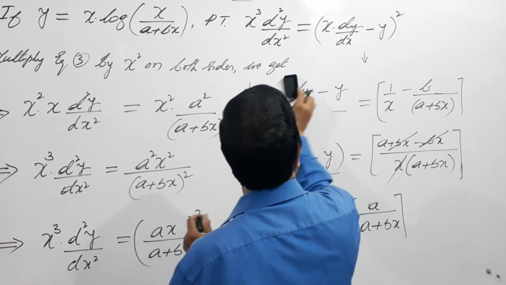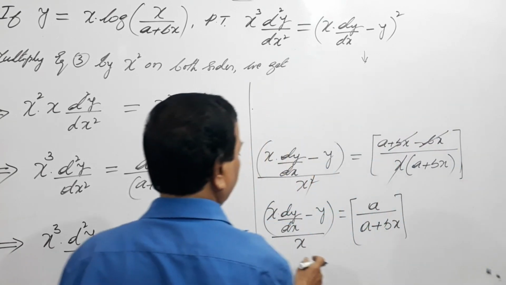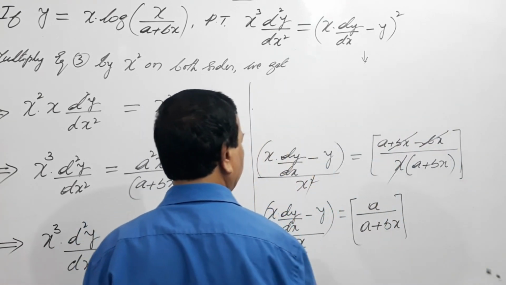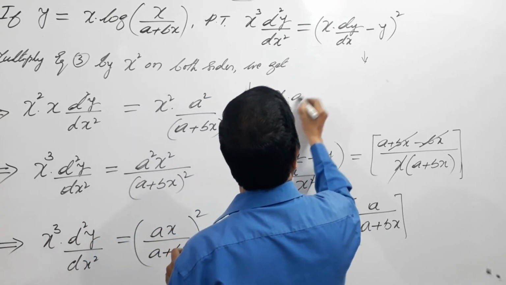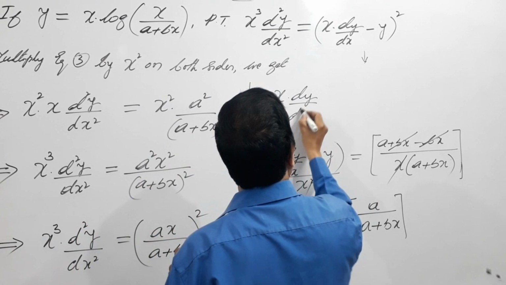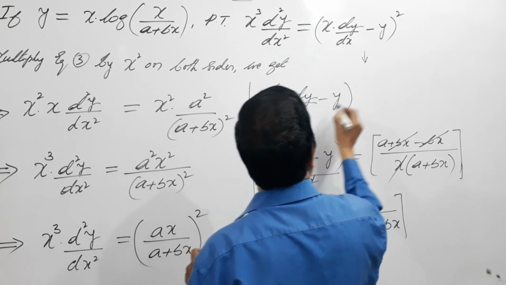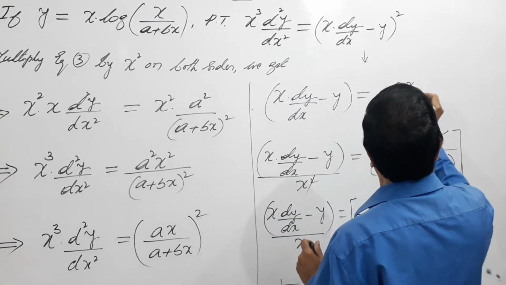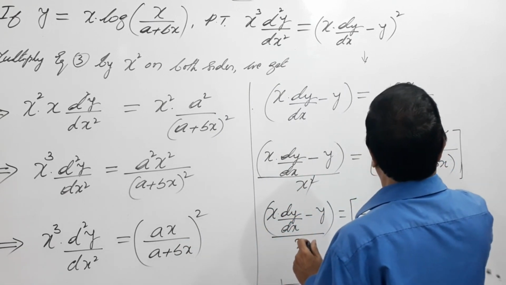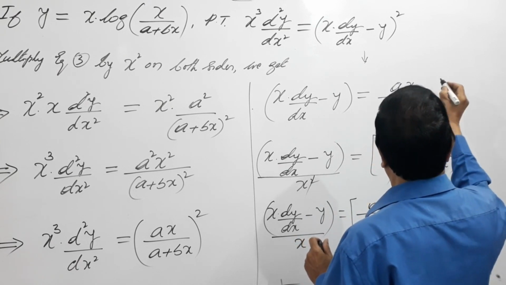What had happened here? I will send this a there, x to the numerator, that becomes x into dy by dx minus y equals ax by a plus bx.